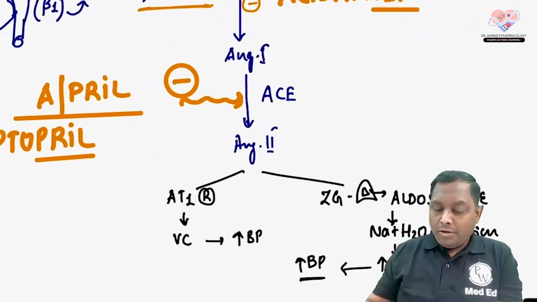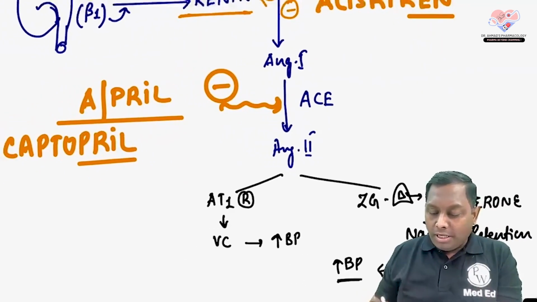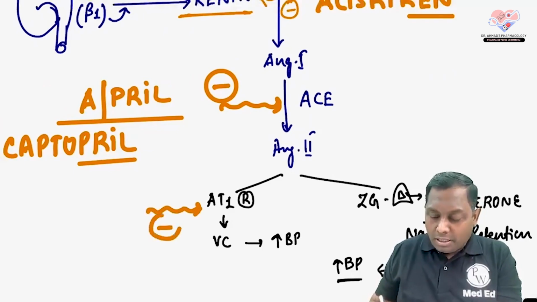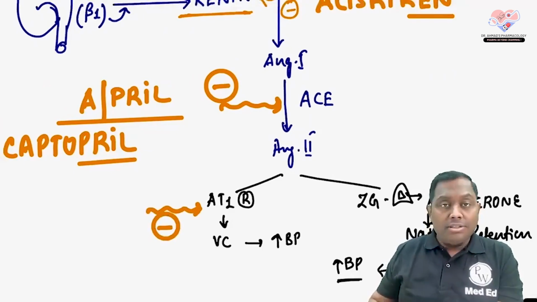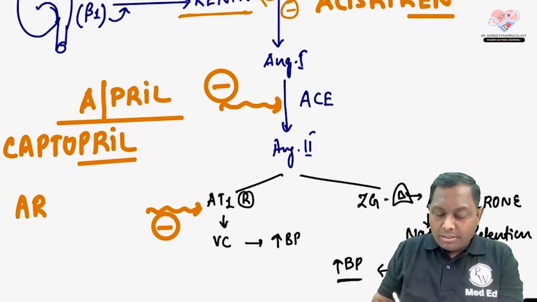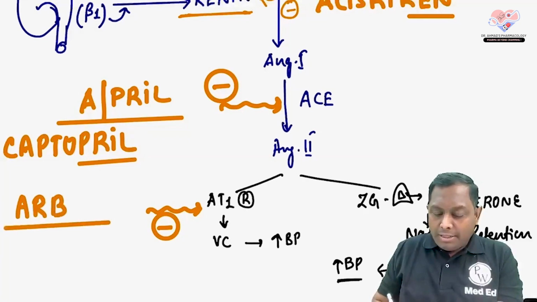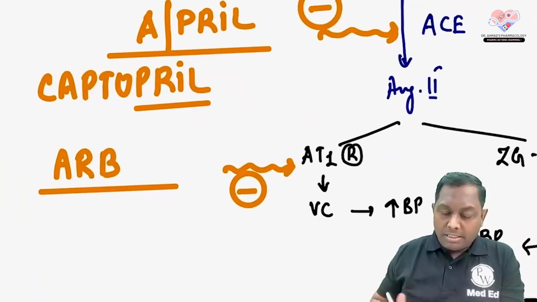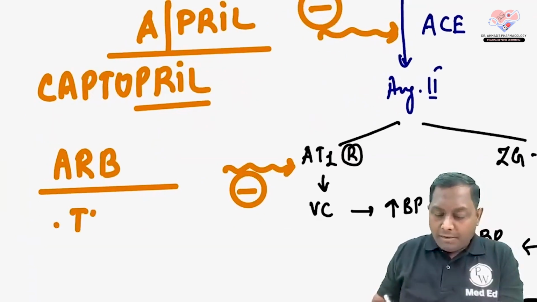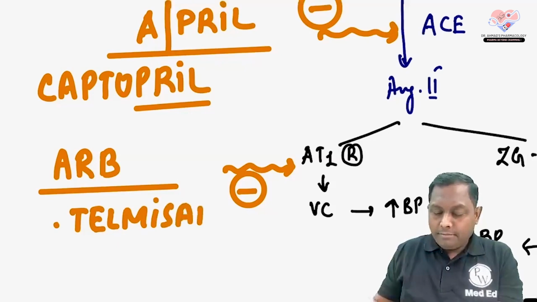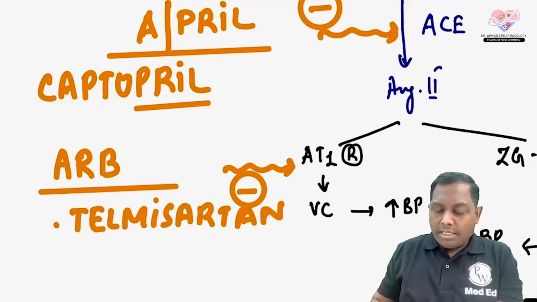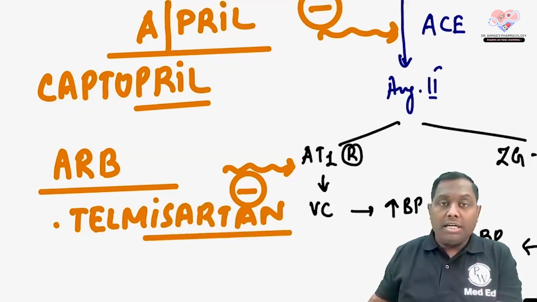Okay? Now angiotensin 2 acts on the AT1 receptor, so we can also give a drug that blocks it. We call them angiotensin receptor blockers, and they all end with sartan. For example, telmisartan, losartan, valsartan, eprosartan, candesartan, all of them are sartans.